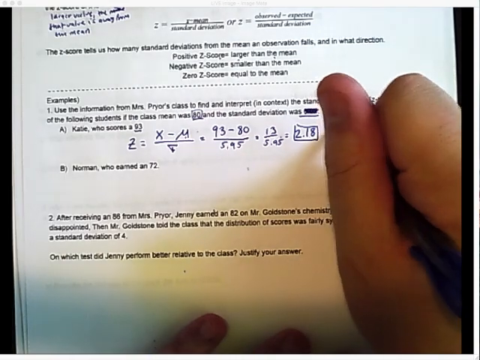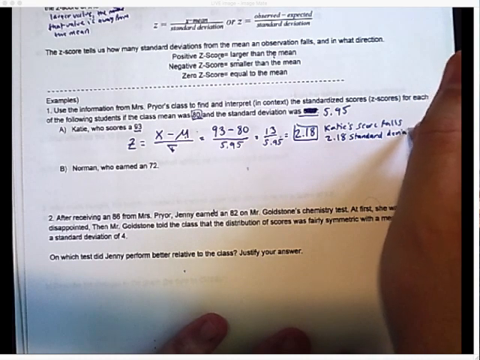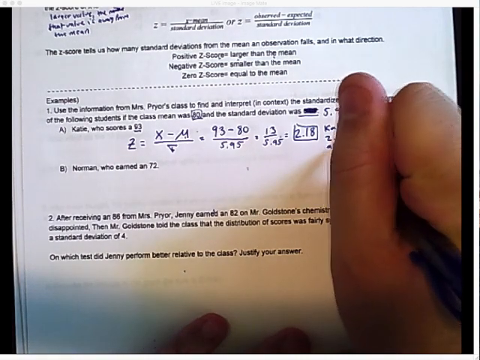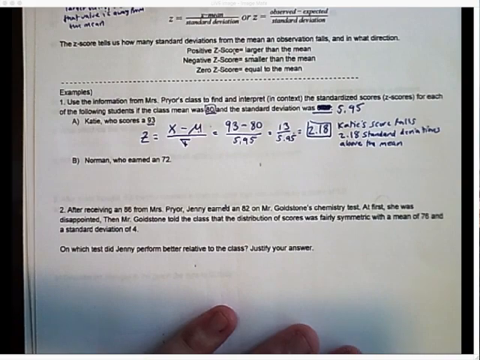So Katie's score falls 2.18 standard deviations above the mean. Okay. So what can we say about Katie? She's smarter than average.